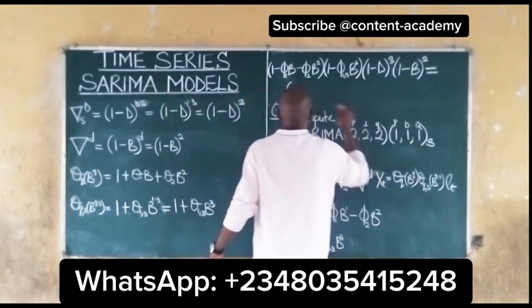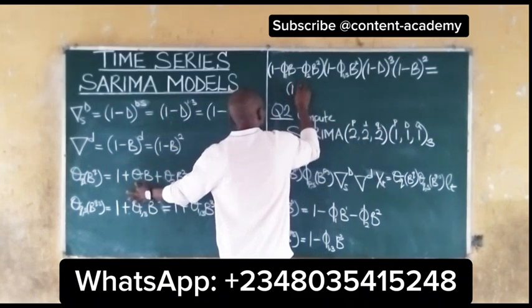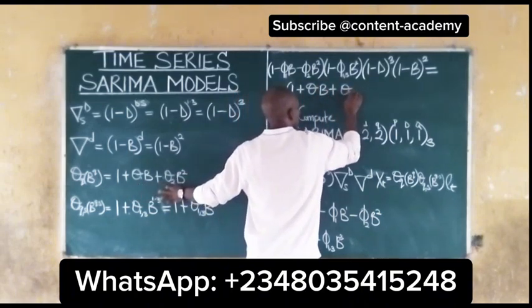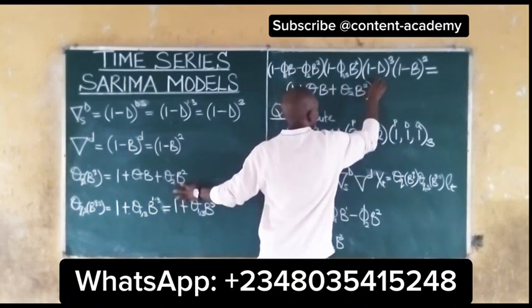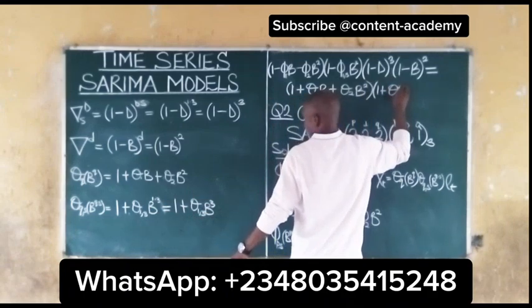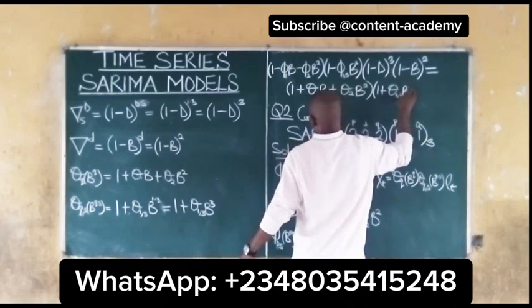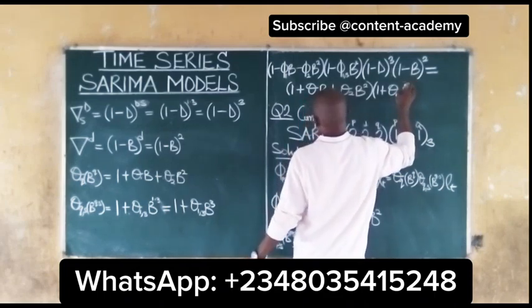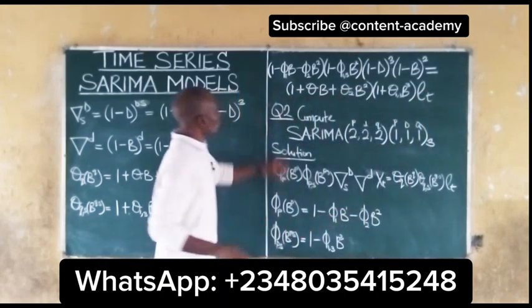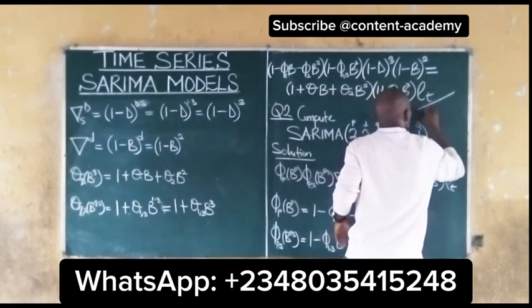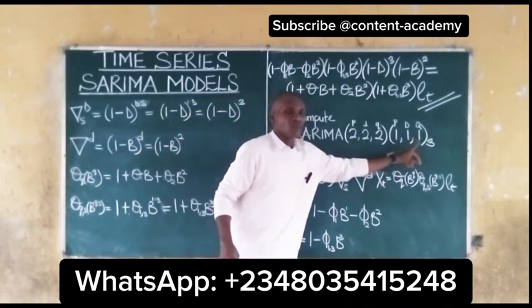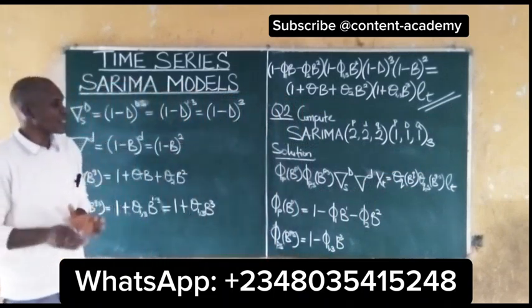So we have it to be (1 plus theta_1 B plus theta_2 B^2)(1 plus Theta_{1,3} B^3) e_t. So this becomes our model for SARIMA (2, 2, 2)(1, 1, 1).